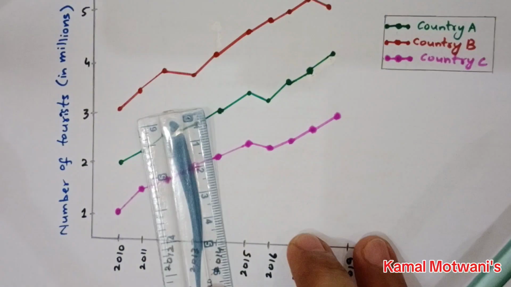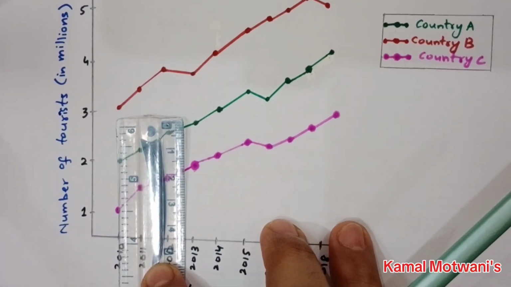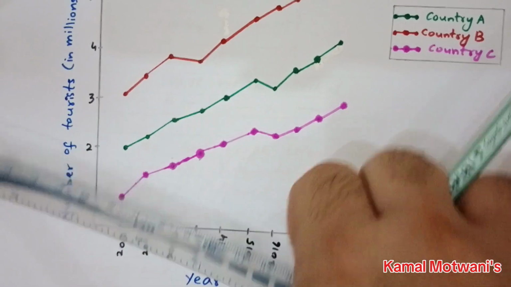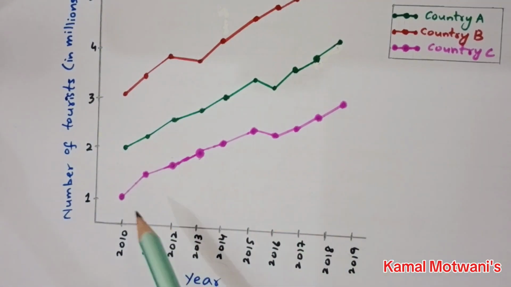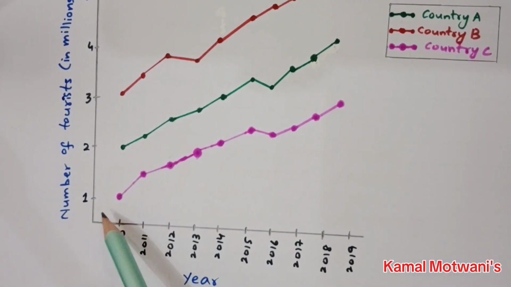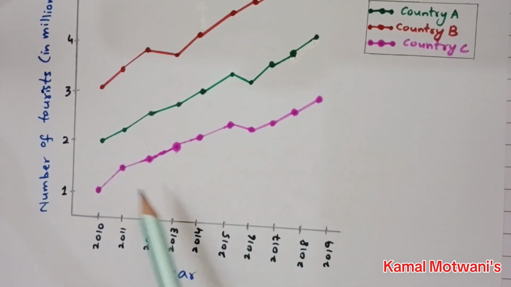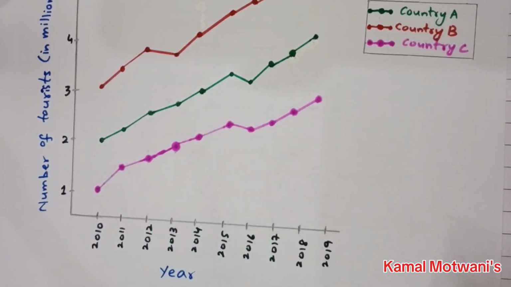Here it is. You see? Okay. So country C witnessed 1 million tourists in 2010, and then the trend kept increasing. It means the number of international tourists in country C kept increasing.